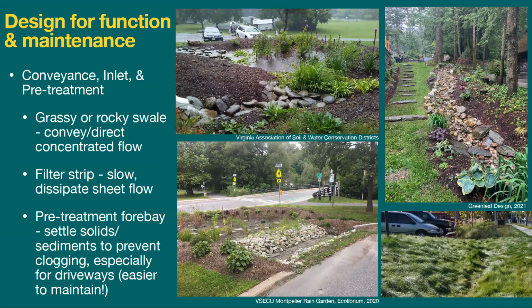Or, like here, it's just a maintenance feature so they can access the under drain that the water is entering from down below the filter media. It's a good example of if you see that standpipe in a rain garden, it could be one of those two applications.